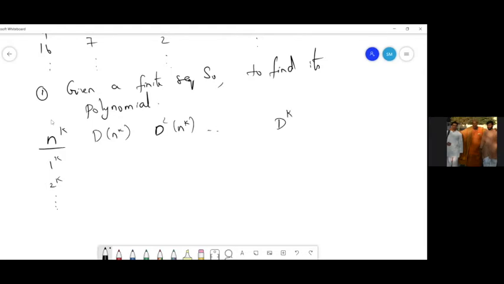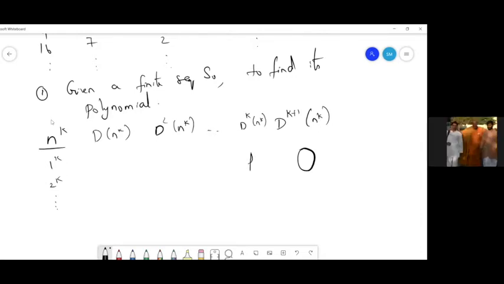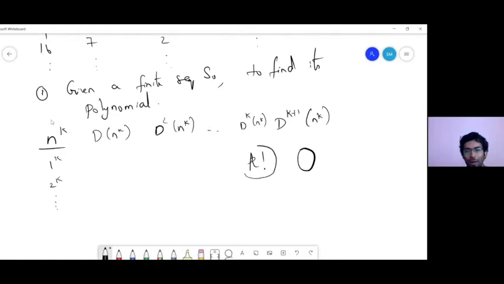At the k plus 1 stage, it is all 0. And d k of n power k is k factorial. So the question is, why are we getting k factorial here? How can we explain this?